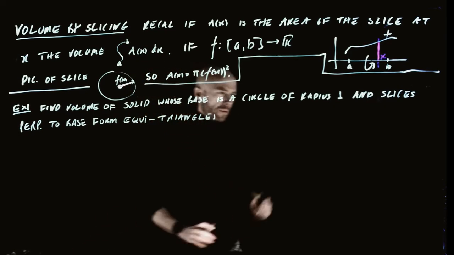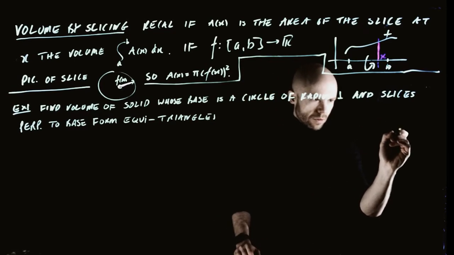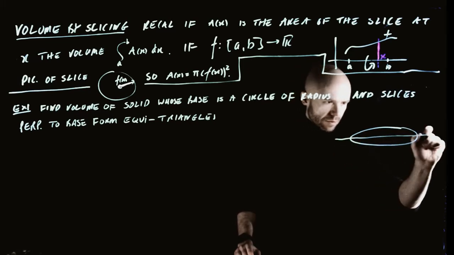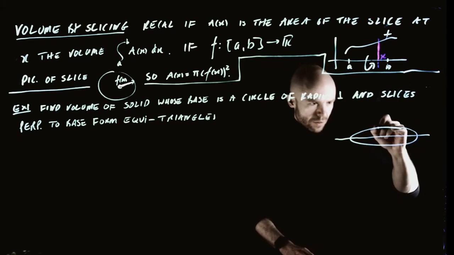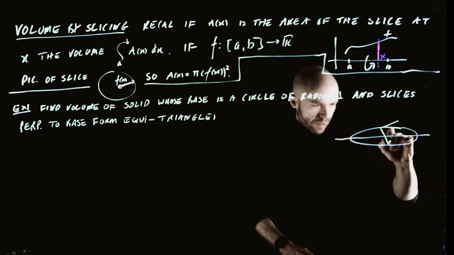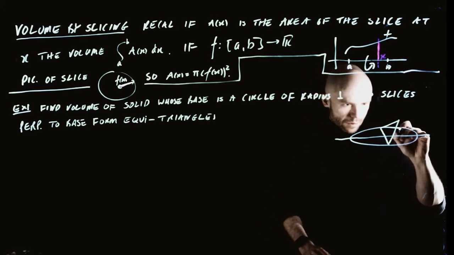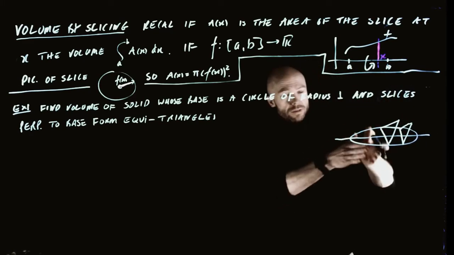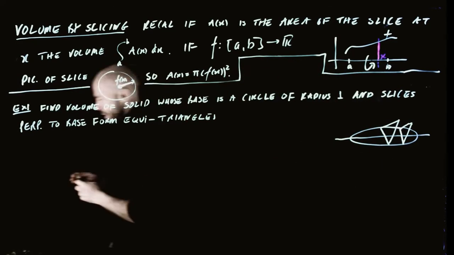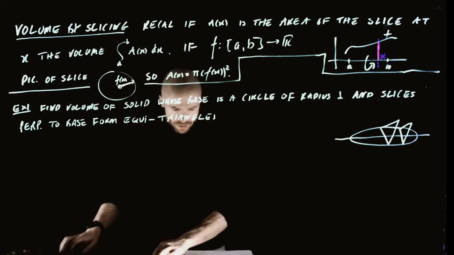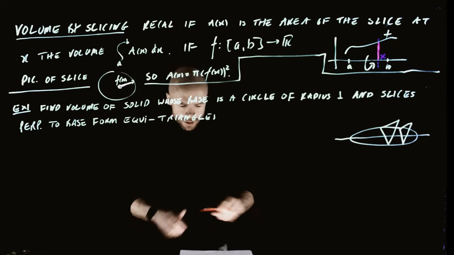Okay, so this comes with a picture, and I'm not going to do a particularly good job with the picture. So this is our base. I'm trying to do this in 3D. We are, say, slicing like this with respect to x, and as we slice, we have above it an equilateral triangle, so that's really not looking too good. So the slice is perpendicular to the base of this triangle. Think of it as being straight up. Let's try and do a physical model. I don't know how easy this is for you to see, but let's give it a go.